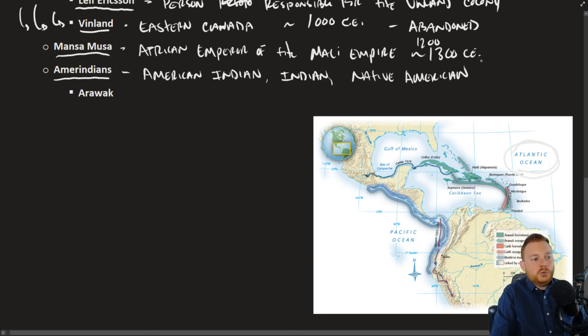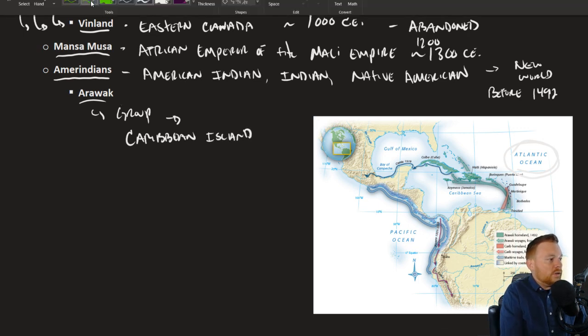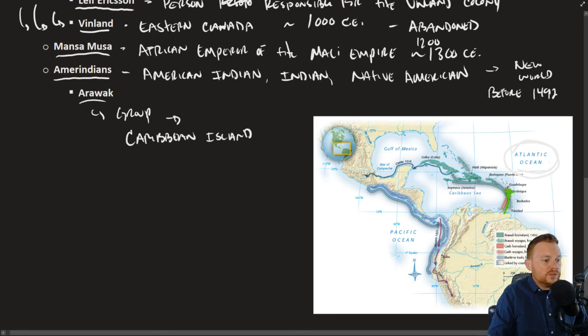It's essentially the people who inhabited the New World before 1492, and specifically the group the Arawak, which is a specific group who explored and inhabited the Caribbean islands. And you can see that illustrated on the map here with these various movements occupying modern-day Haiti, modern-day Cuba, modern-day Jamaica, etc.